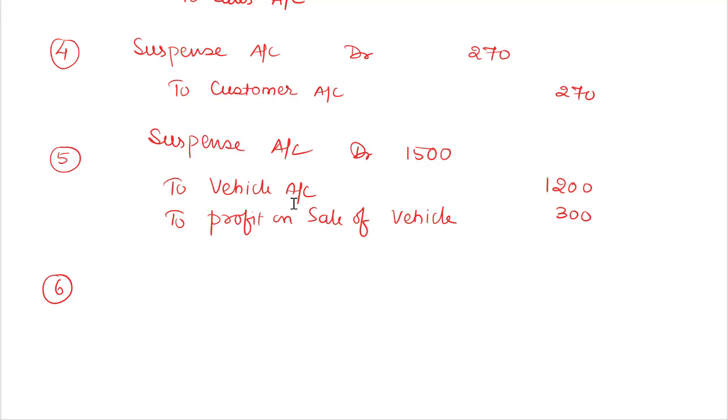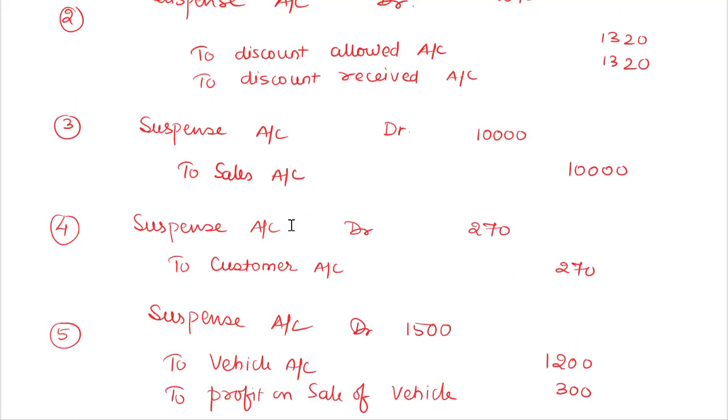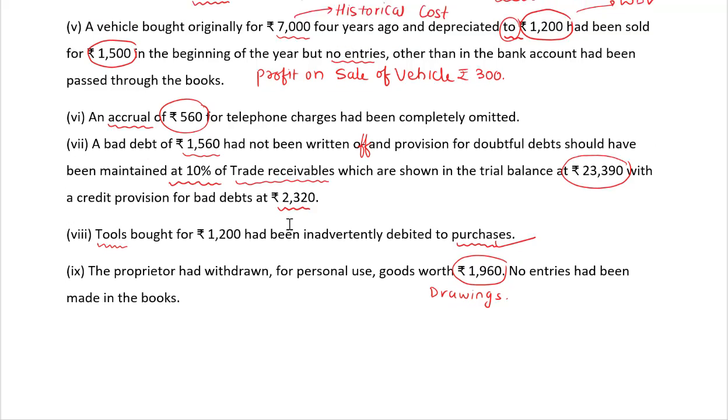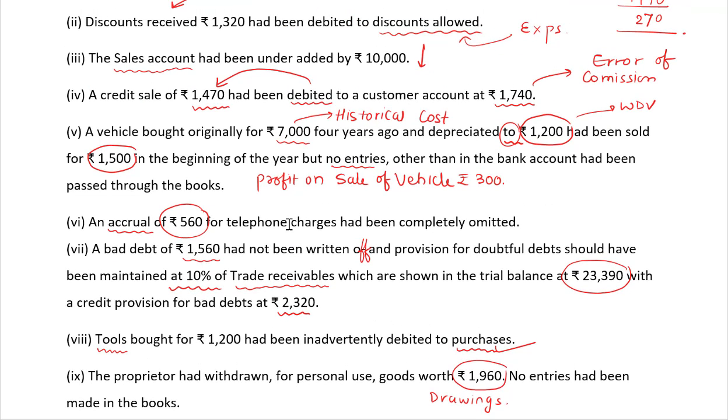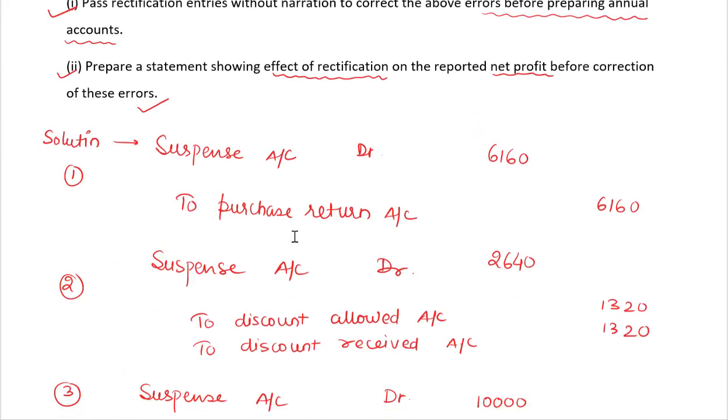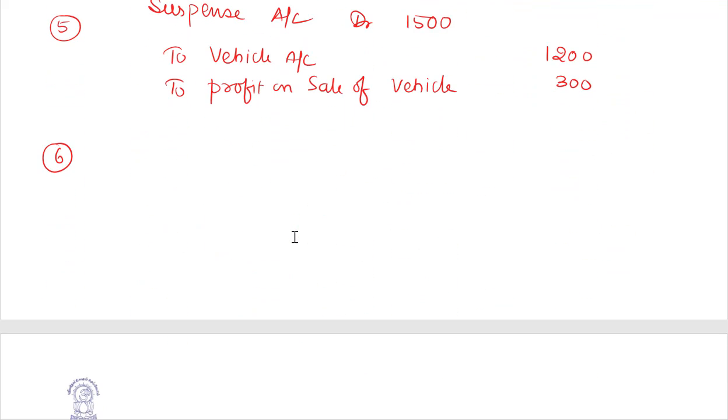Let's shift to point number 6 now. This point talks about an accrual of 560 for telephone charges have been completely omitted. So we need to pass entry for telephone charges quickly. Complete omission. This is error of complete omission.